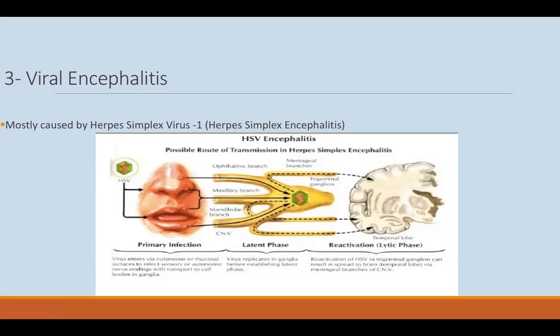So its route of transmission is first entering through cutaneous or mucosal surfaces, then through the peripheral nerves it goes and lies dormant in the trigeminal ganglia. And then it reactivates and through the nerves again ascends to your central nervous system and most commonly affects your temporal lobe. Clear pathogenesis?